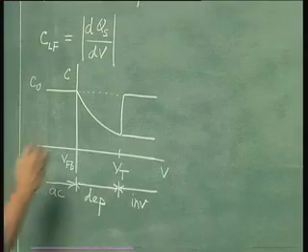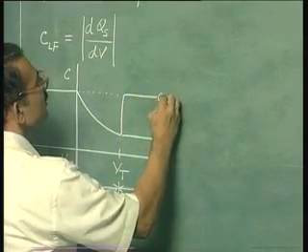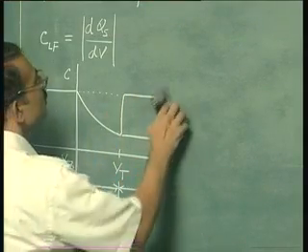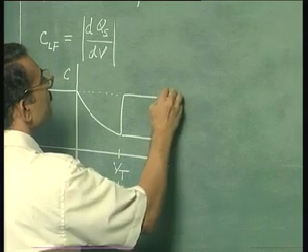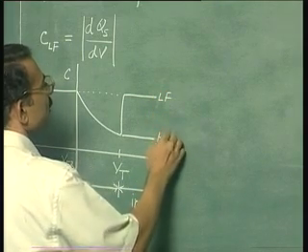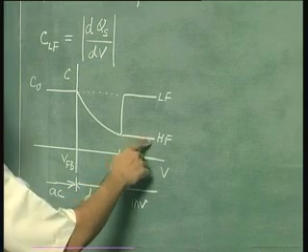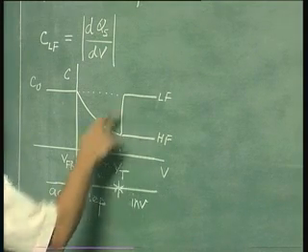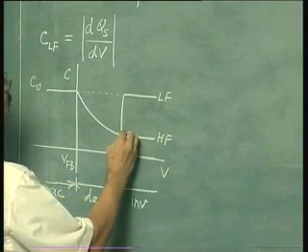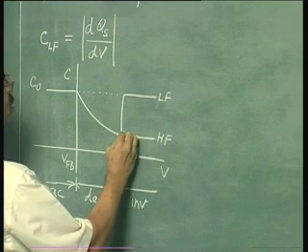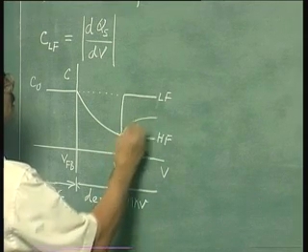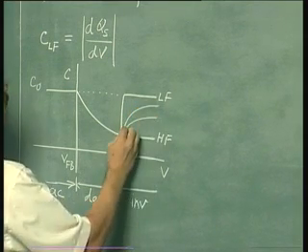So here we can put, this is low frequencies and this is high frequencies. In between, when you make a change from high to low frequency, of course you will have a gradual change, something like this.